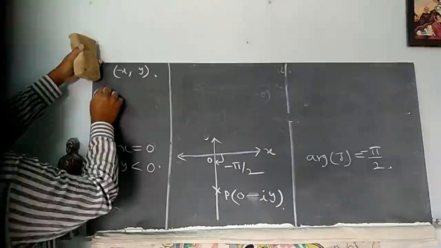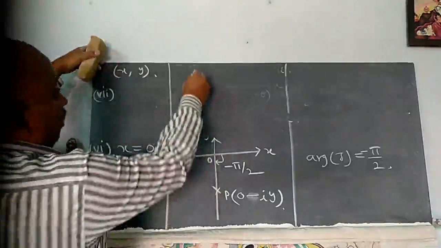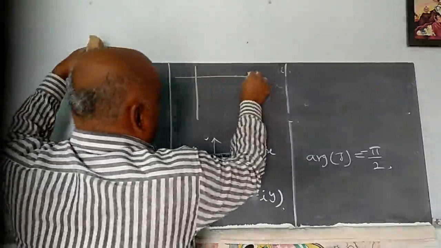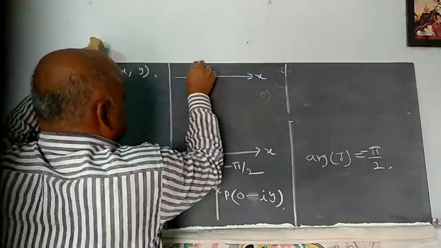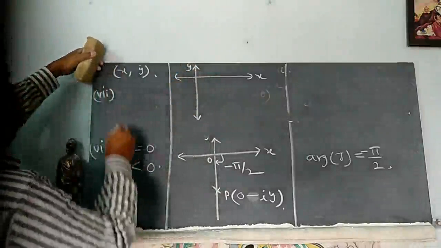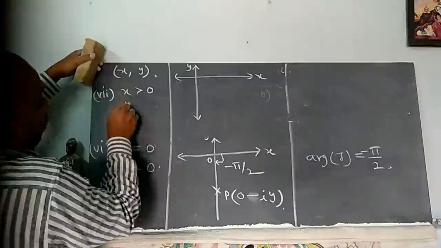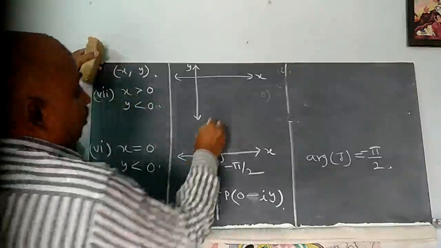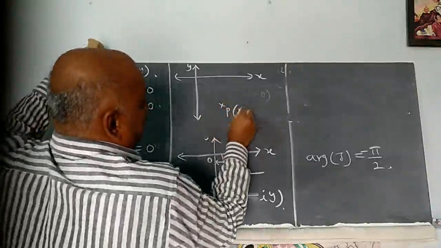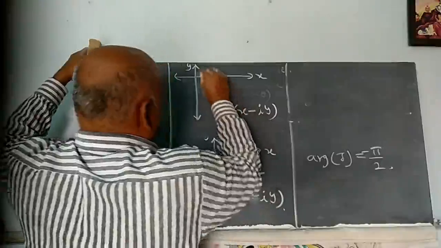Seventh one, if P lies in the third quadrant, x is greater than 0 and y is less than 0. So P is x minus iy.